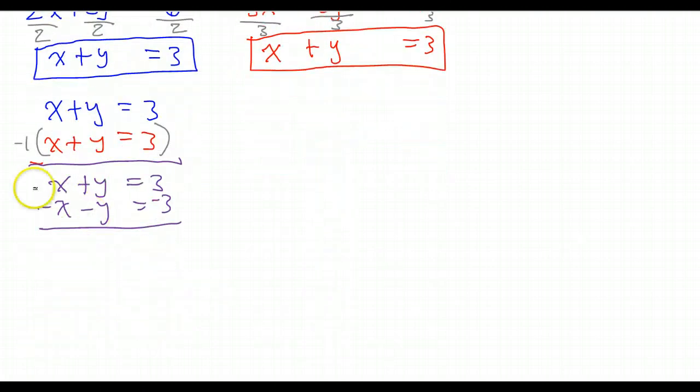If I combine those like terms, everything cancels out. That means I have 0 equals 0. And when everything cancels out and I'm left with a true statement like 0 equals 0, that's when we know that there are infinitely many solutions.